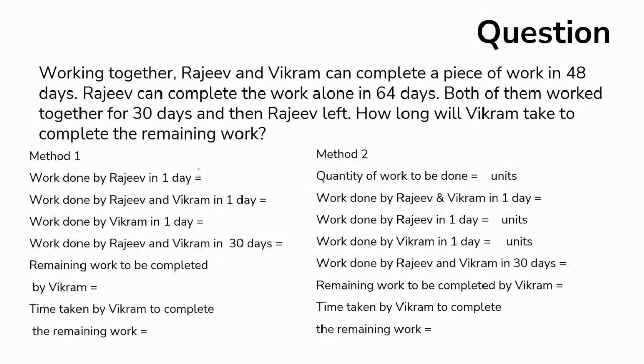Yes, guys. Working together, Rajiv and Vikram can complete a piece of work in 48 days. So if both of them work together, they can complete it in 48 days. Rajiv can complete the work alone in 64 days.